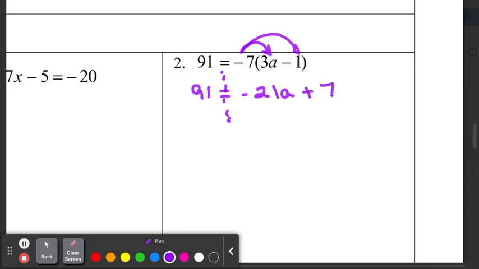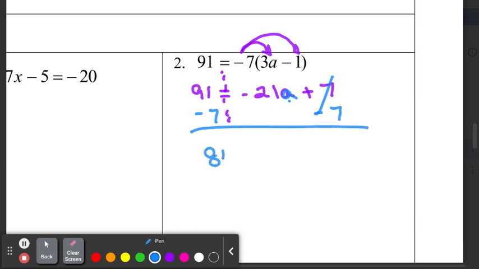So in this case, the a is on the right-hand side, just leave it. It's okay. We're going to do add or subtract first. So I'm going to minus 7, minus 7. 91 minus 7 is 84 equals negative 21a.